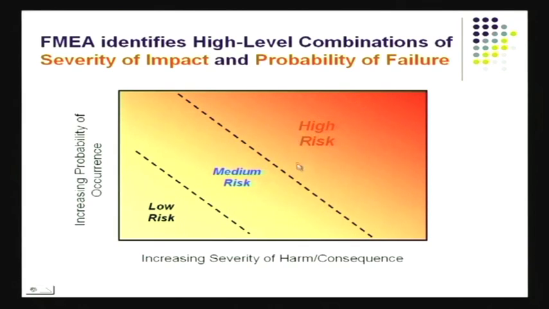The whole idea is to shift a process or a system which is here more to this side. As you go from here to here, you're trying to reduce the impact, and also trying to reduce the likelihood. This objective is achieved by doing FMEA.